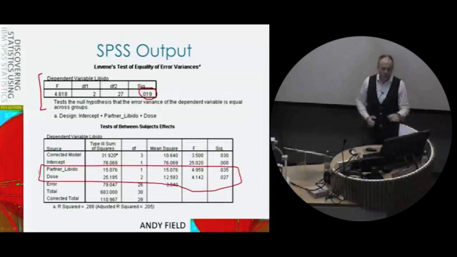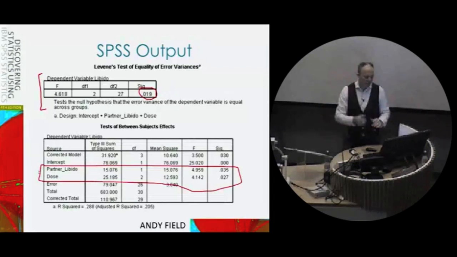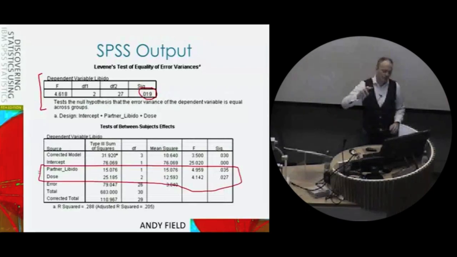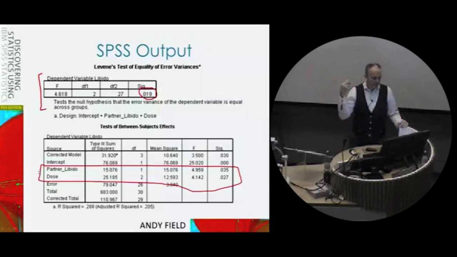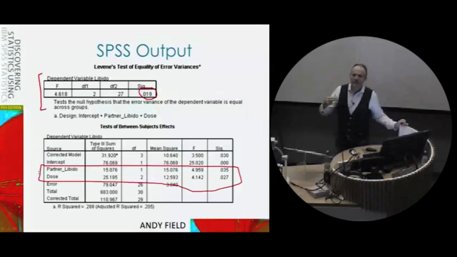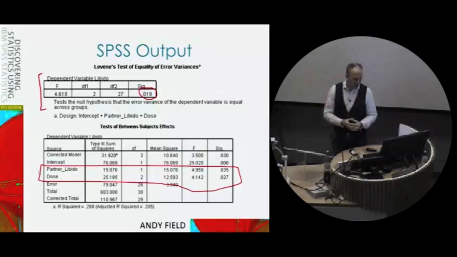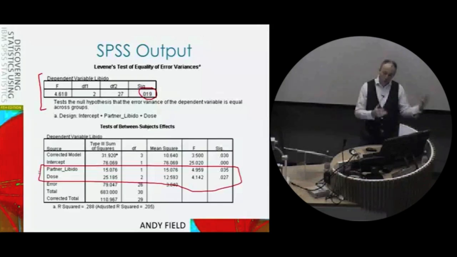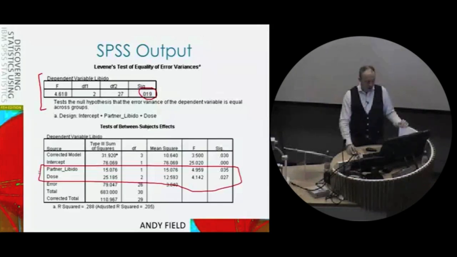When we didn't have a covariate in there, obviously we only had one effect, the effect of dose. But now we have put a covariate in, we've got two effects. We've got an effect of the covariate on our outcome variable, and also an effect of our experimentally manipulated variable adjusted for the covariate. So notice now that the effect of dose, the p-value has actually dropped below 0.05. So we would now conclude that there were significant differences between the groups.